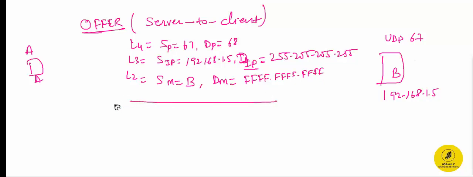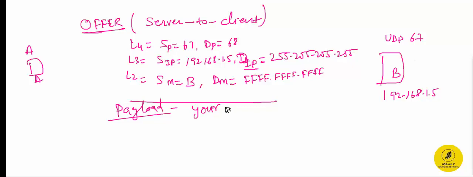There's one more thing. The most critical piece here is that this offer packet will have the IP address that the DHCP server has to offer. That information will be added to the payload. Payload is the part which contains the actual data. So in the payload, the DHCP server will give the IP address: this is the IP that you can use.